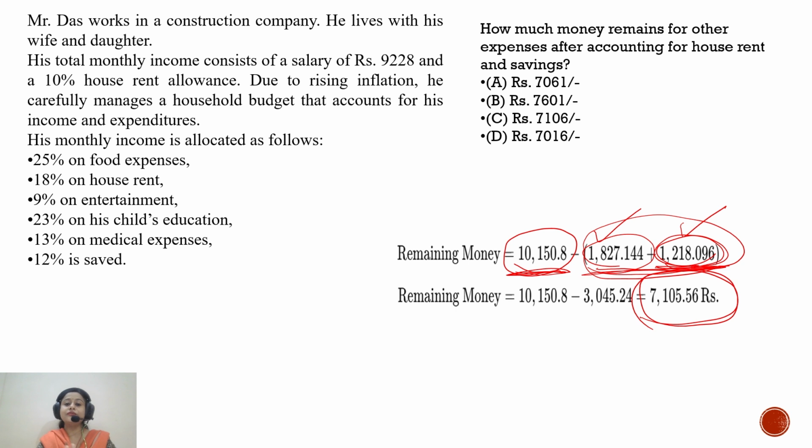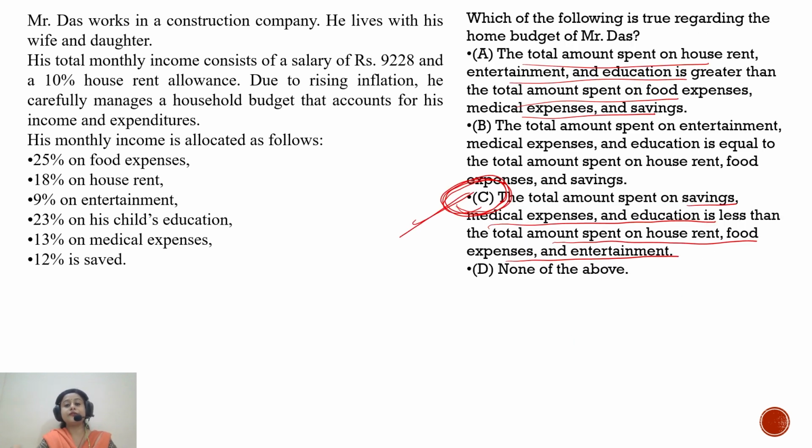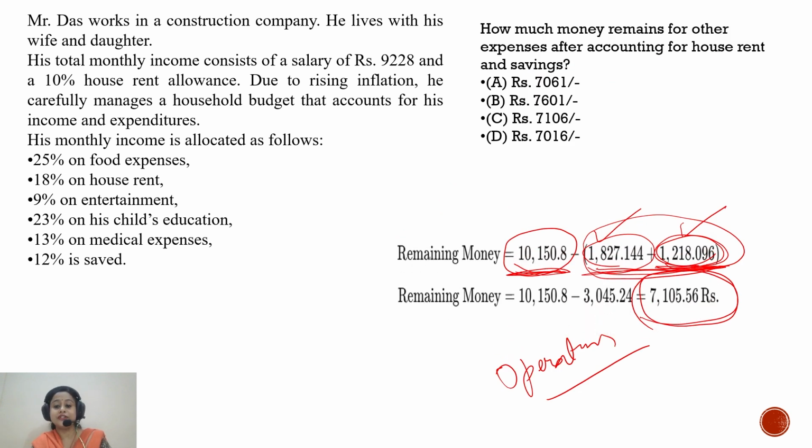Here we are applying no other formula but the formula of operators, for this kind of question or the previous question, comparing between two values. Here also it's simply summation and subtraction. So it will be 7105.56. The nearest option is 7106, so option C will be the nearest option. That's why it will be option C.